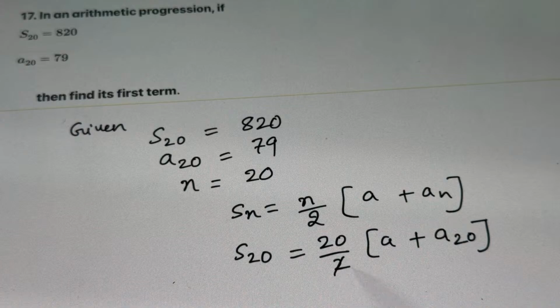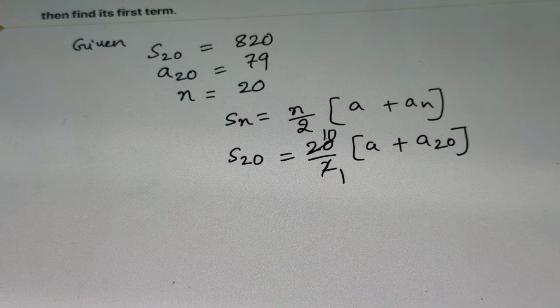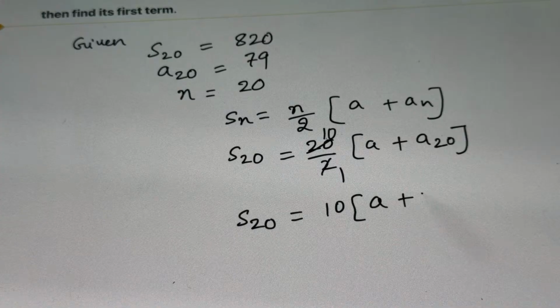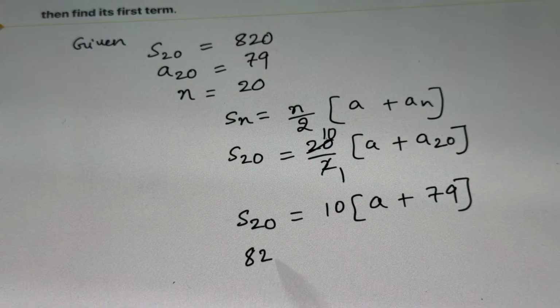By cancelling 20 by 2 we get 10. Now we have S20 is equal to 10 into a plus a20. Now you can substitute the value of a20, so a20 is 79. S20 is 820.